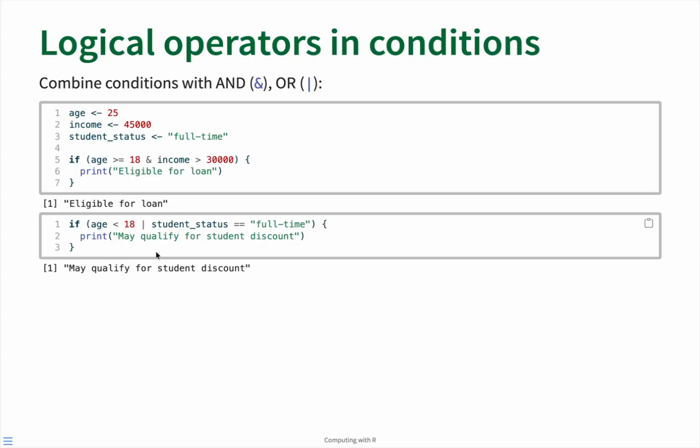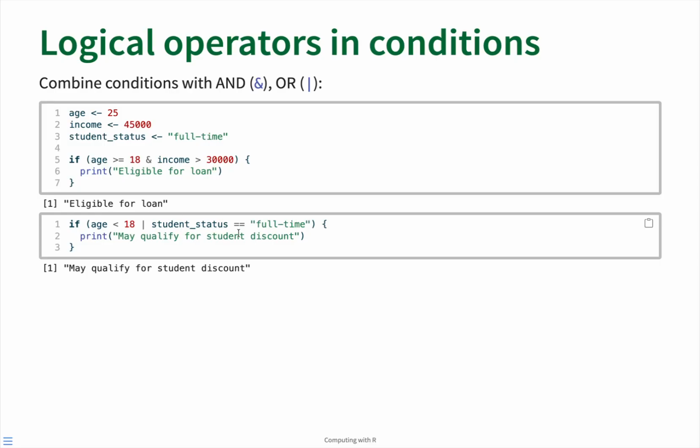In other words, is the number an even number? If it is, then we execute this code, which prints out the number is even. Otherwise, if it's false, which means the number is odd, then we print out the number is odd. And sure enough, you can see we're looping through the 10 numbers, 1 to 10, and printing out that 1 is odd, 2 is even, 3 is odd, 4 is even, etc.